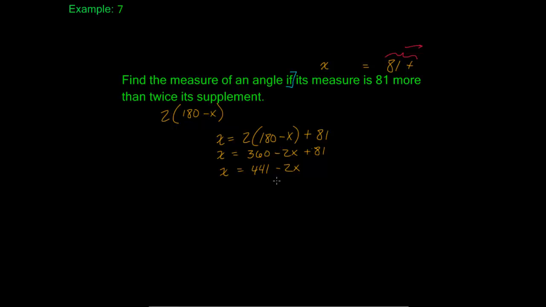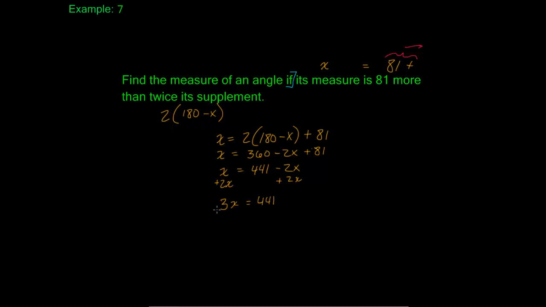Alright, so now we're going to add 3x to both sides. What you do to one side, you have to do to the other. I'm sorry, we're going to add 2x to both sides. So plus 2x. I was getting a little bit ahead of myself because here you will have 3x on this side. 3x equals 441.